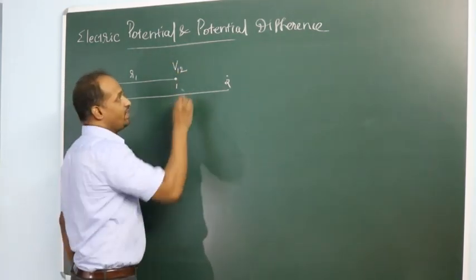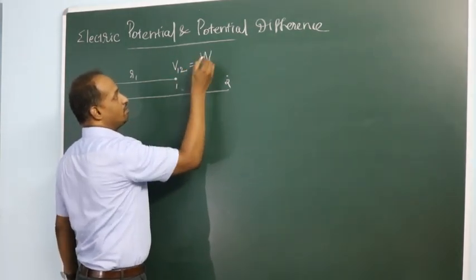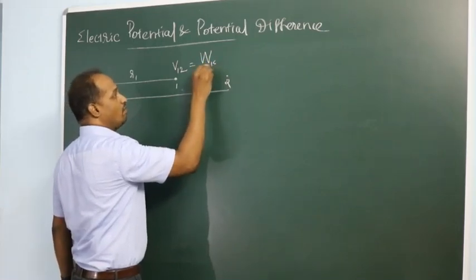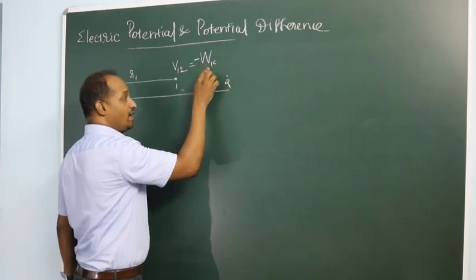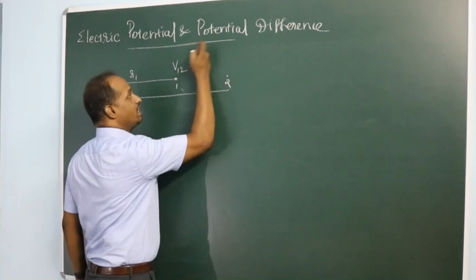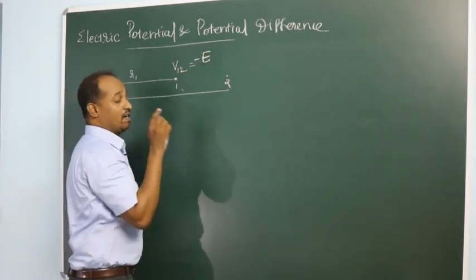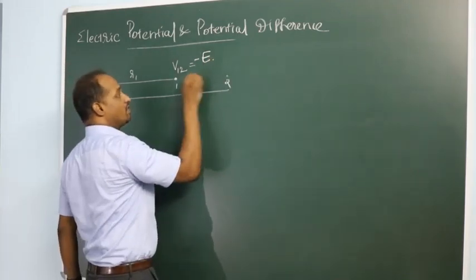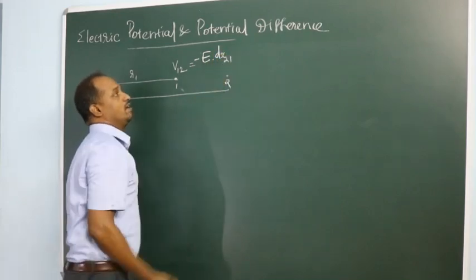Based on the definition we just did, V12 is work done by the electric field to move 1 coulomb charge from 1 to 2, which is negative of the work done by an external force from 2 to 1. That's why we said force by the electric field is E, means force by the external field is minus E into the distance from 2 to 1, so it is dx from 2 to 1.